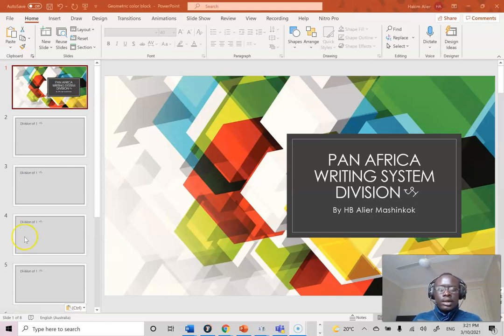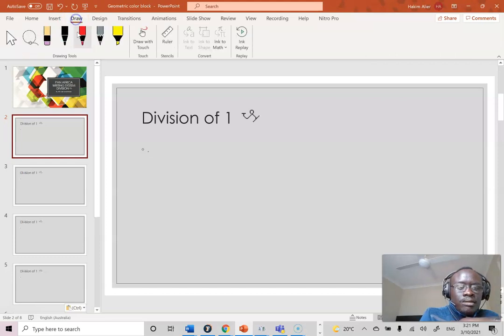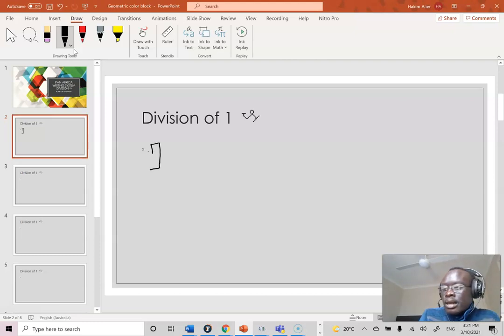Before we continue on, as you can see today, we are continuing on with the division part of our work. So just to remind you on how to write the numbers again, we will start by writing the numbers from 1 to, let's say, 10. So number 1 is like this. Okay. Number 2 is this way. Number 3 is this way.